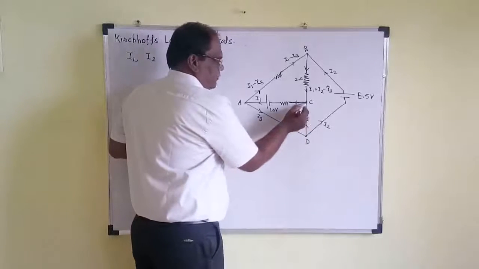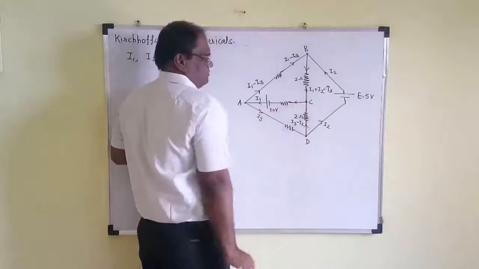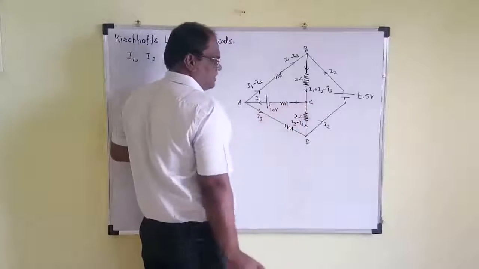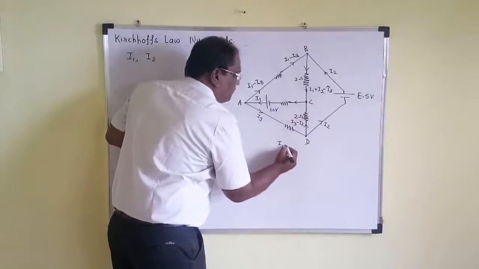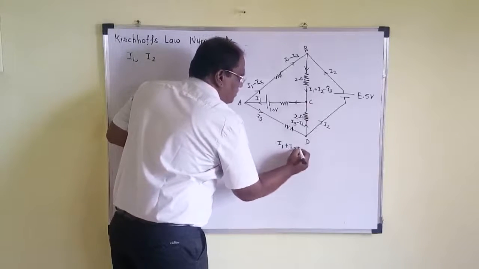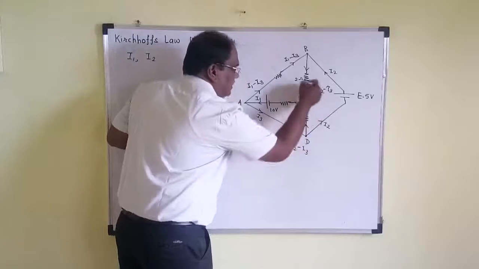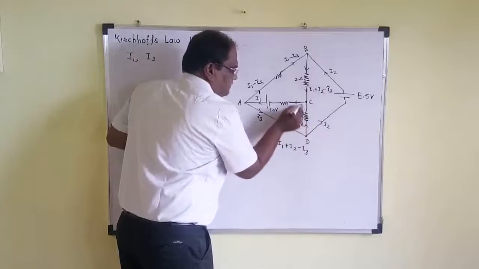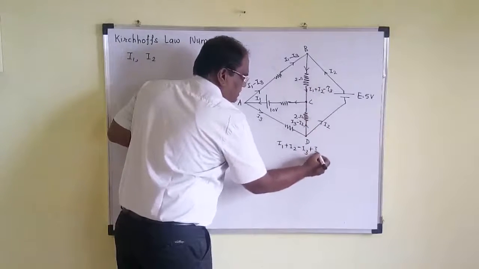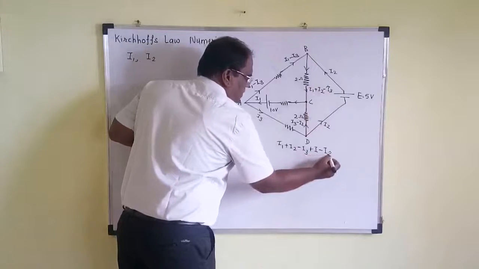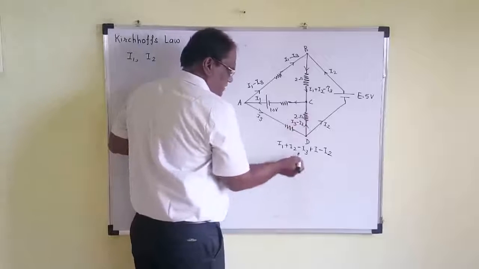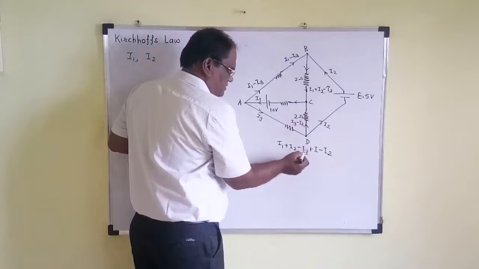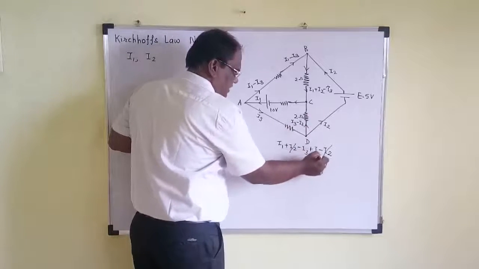Now check at point C. Apply Kirchhoff's current law. I1 plus I2 minus I3 entering the junction, plus I3 minus I2 again entering the junction. Minus plus I2 minus I2.